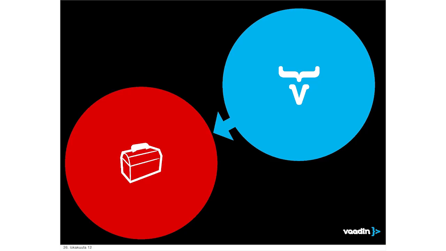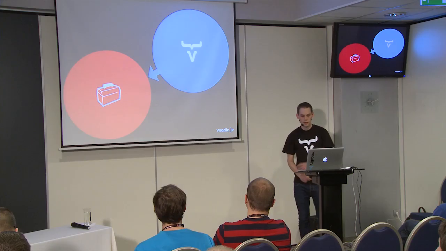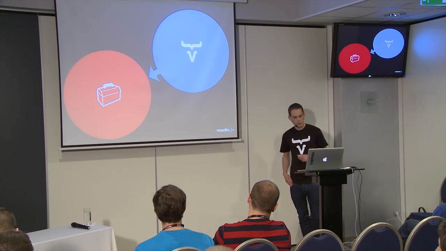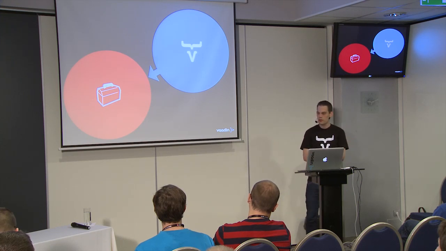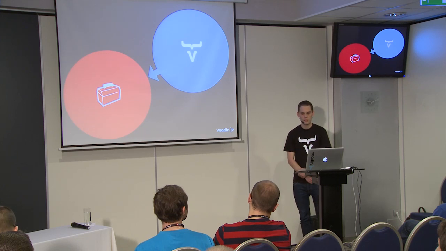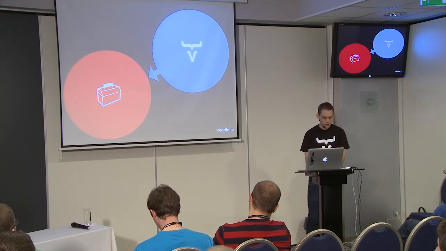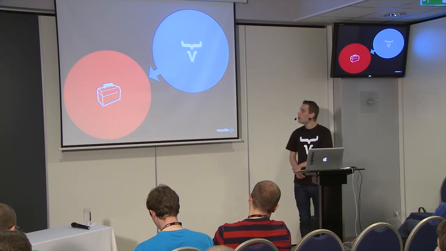In Vaadin 6, we use GWT as a rendering engine on the client side, but it's still an external dependency from Vaadin's point of view. So you need those GWT jar files from GWT if you want to do some client-side stuff with Vaadin.